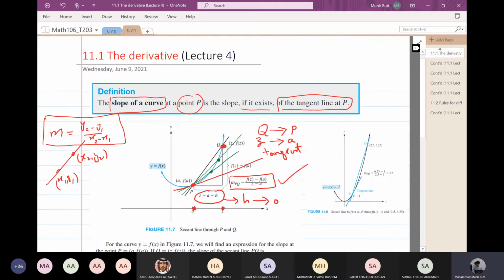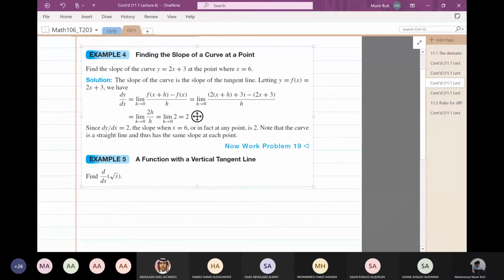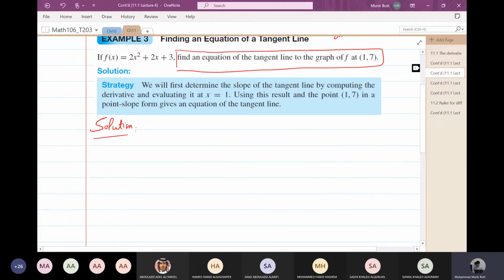So you remember the first slide. First we need the slope at the point. The slope of the curve will be the slope of the tangent. If we know the slope of the tangent, we can find the equation of the tangent, because y minus y1 is equal to slope times x minus x1. You agree from the last lecture. We will first determine the slope of the tangent line by computing the derivative and evaluating it at x equal to this.